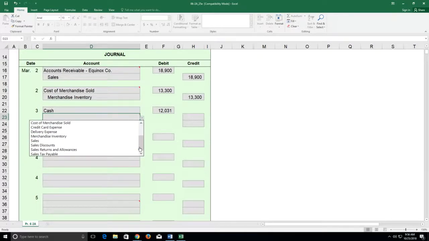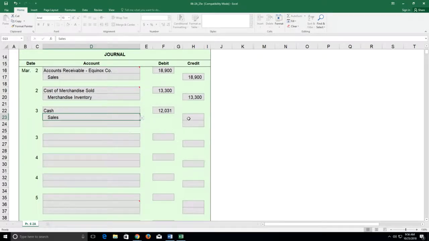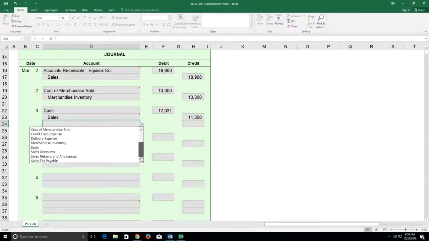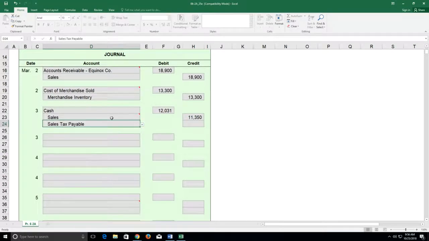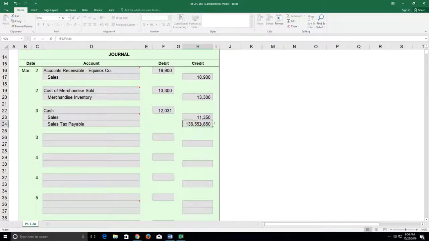So we have sales of the $11,350, and then we have a liability account where we collect our sales tax payable, and that's just for the difference. You can have it calculated again if you want to. I'm just lazy and having to do the math, or maybe I'm not.